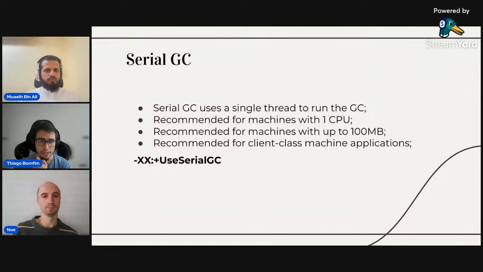Serial GC uses just a single thread to run GC. It's recommended for machines with one CPU and with really low memory, like 100 megabytes. It's recommended for client-class machine applications, so applications that have a single user, okay? And if you want to use serial, you can do it with this parameter, okay?